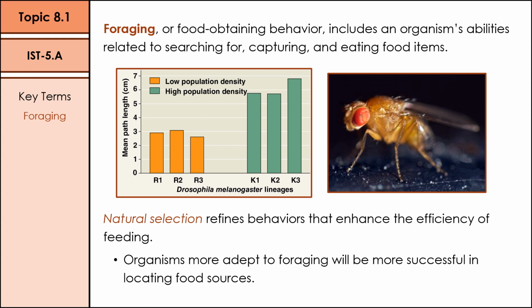Very important concept. So we're looking for food, we're capturing food, we're eating food. All of these behaviors fall into those foraging behaviors. And as long as we are getting an increased efficiency in our feeding, those are more likely to be passed on to our offspring. When we get these more successful traits, we're more likely to survive and reproduce.